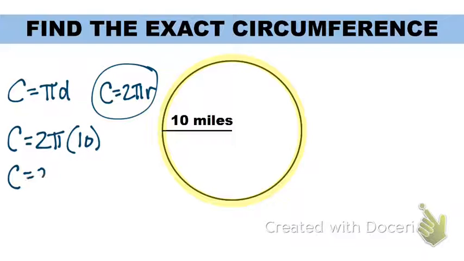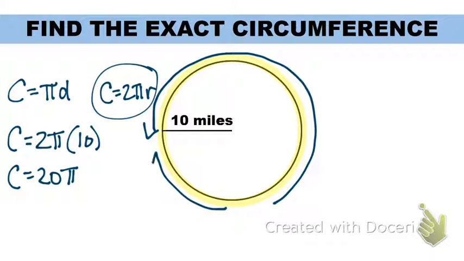So our circumference is 20 pi, and that's what it should say on your calculator screen. On this problem, they want the exact circumference, so they don't want us to change it to a decimal and round it off. They want the exact answer. So the circumference, or the distance all the way around the outside of the circle, is 20 pi miles.